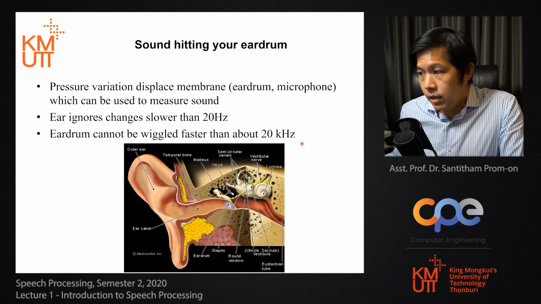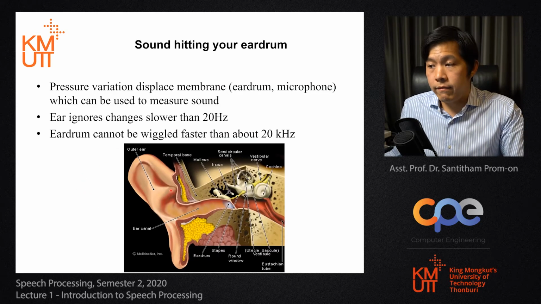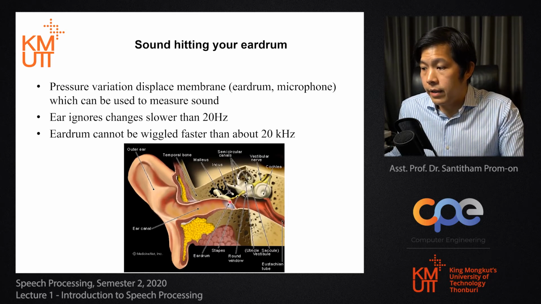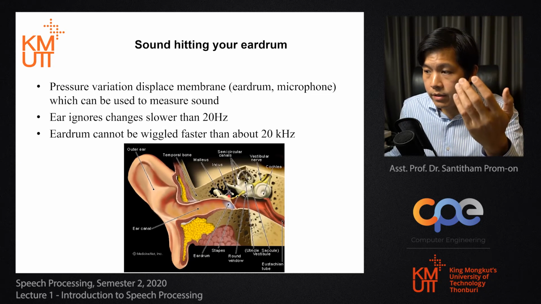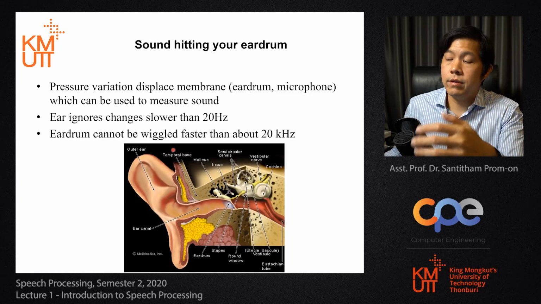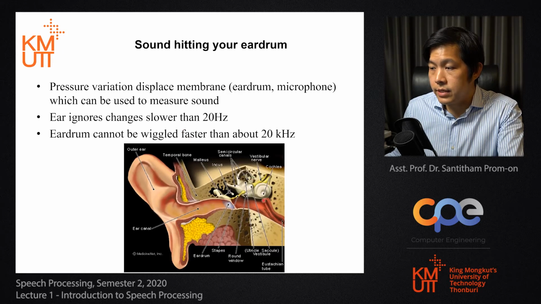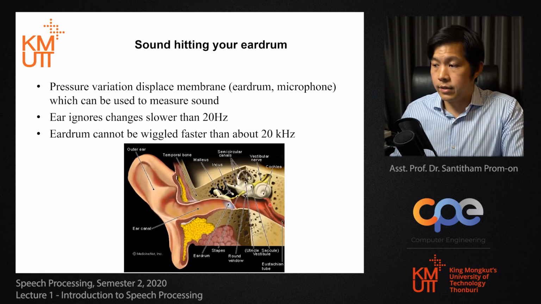In speech perception, speech comes in, hits the membrane, and then the fluid inside triggers different parts that wiggle according to different frequencies, and the frequency is sensed through a nerve that senses the vibration of the fluid in the ear.